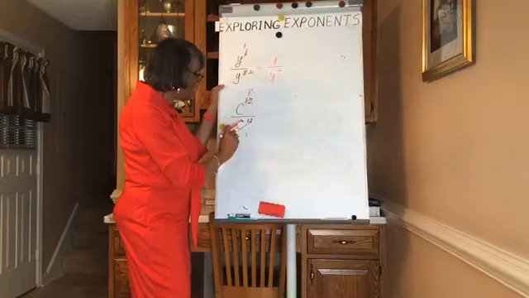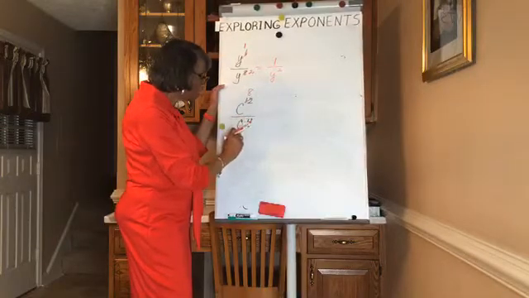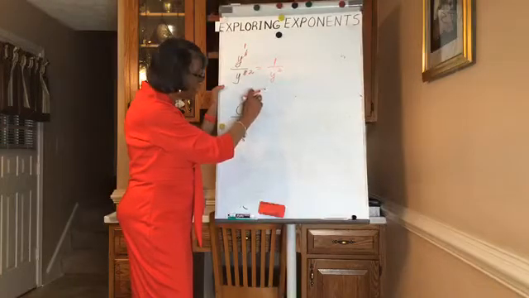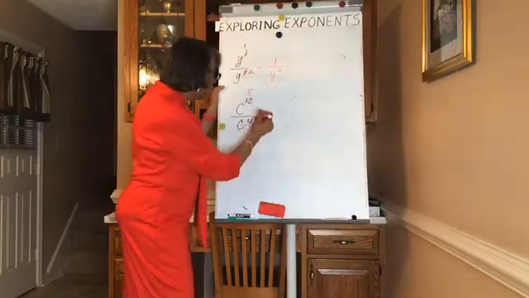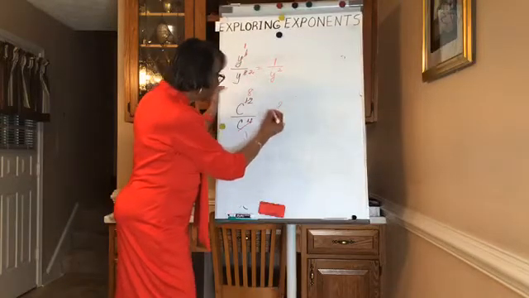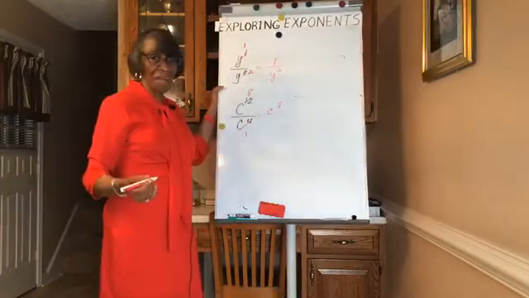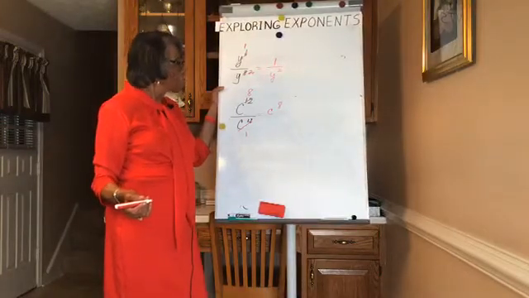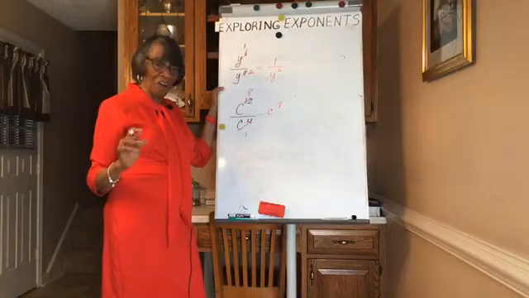Why? Because I have all the 4 C's. Here the C's still have some left. So I have then what? The answer is C to the 8th over 1. And we don't write that. We just don't write divided by 1. That's understood.